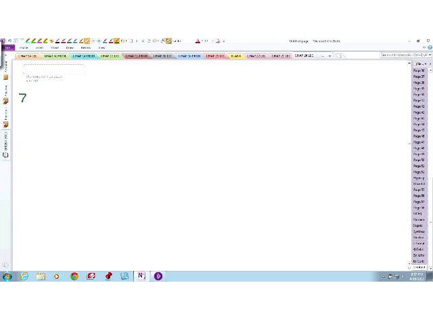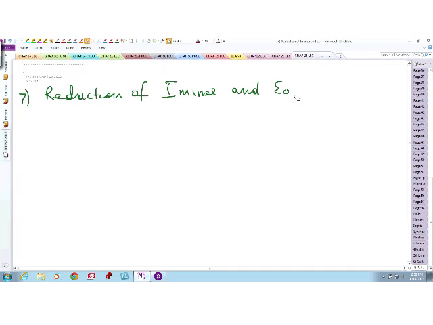Okay, now number 7. Number 7, we say reduction of imines. In imines, we have encountered imines previously, but just to recap, if you recall, if for example you have this, a ketone or an aldehyde, and in this case, say we add ammonia to this.